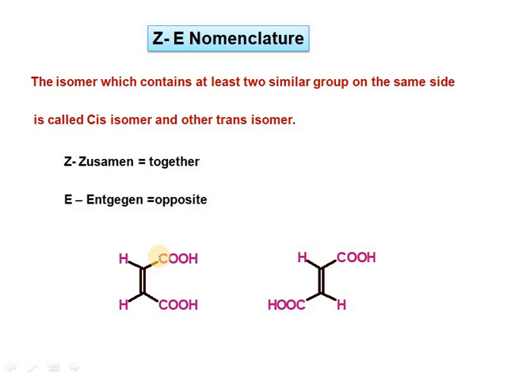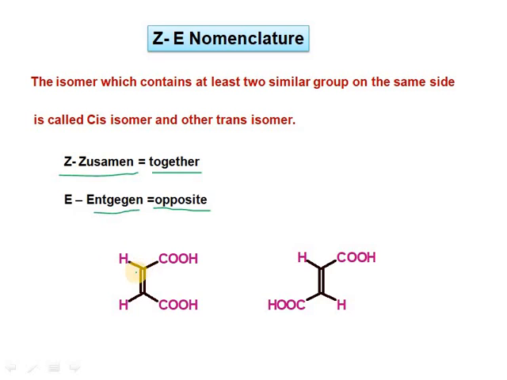If the higher priority groups are on the same side, the structure is designated as Z. Z comes from the German word Zusammen, meaning together, and E comes from the German word Entgegen, meaning opposite. So this is mainly decided on the basis of atomic number.